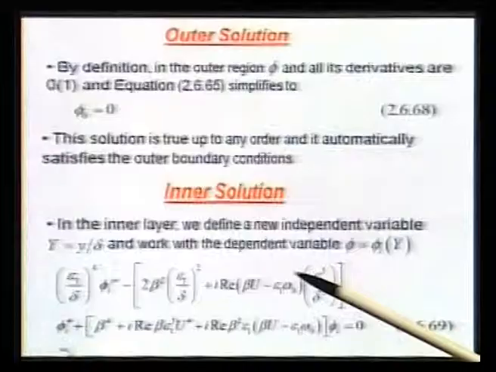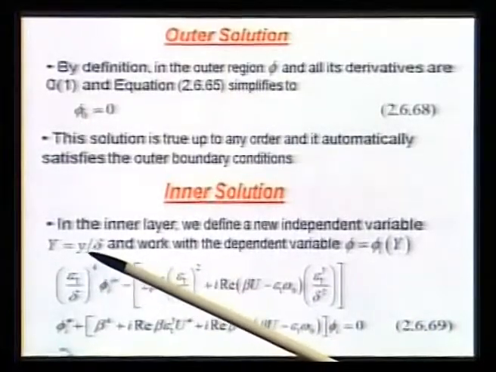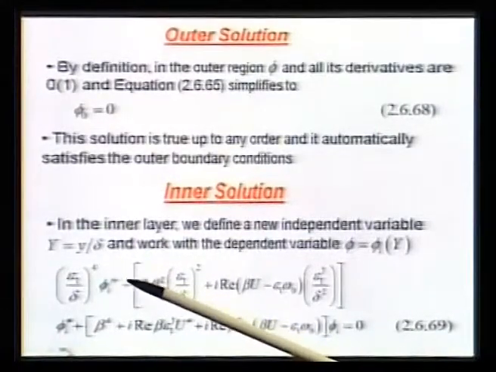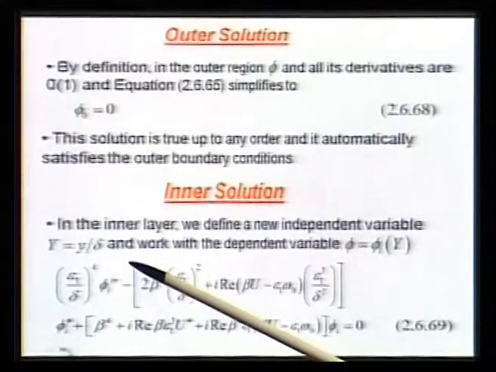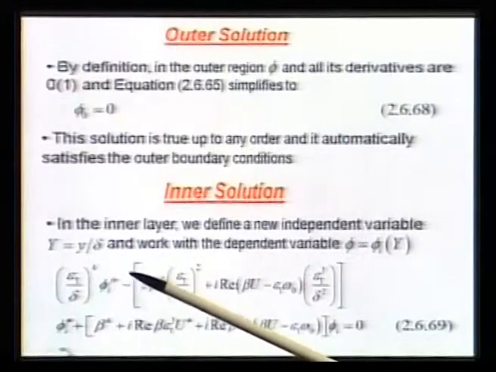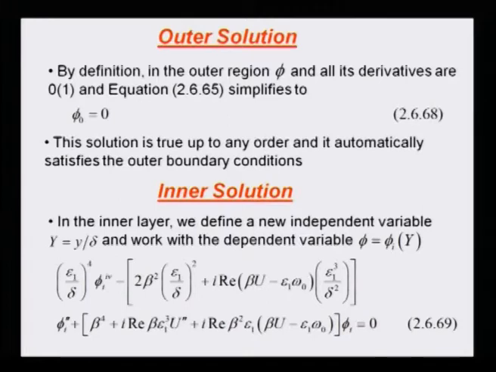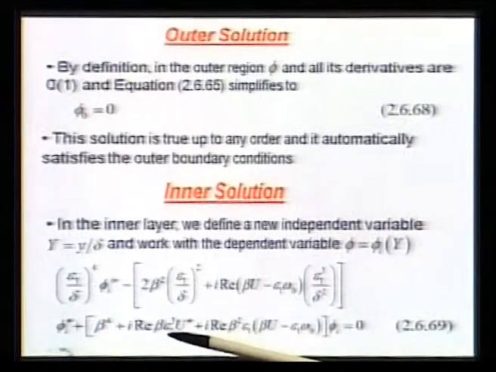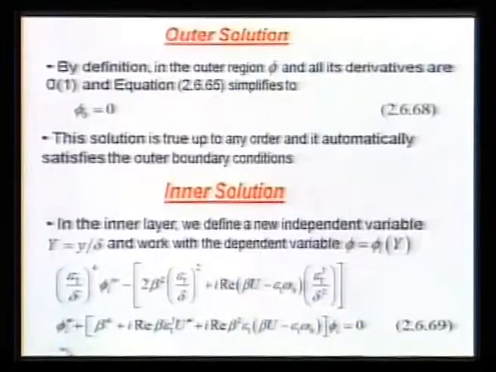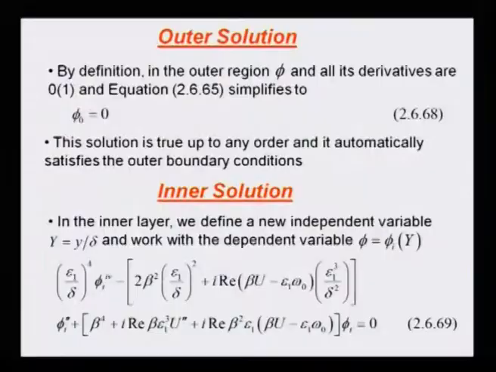Earlier we had a term epsilon 1 raised to the power 4 and the fourth derivative of phi. Now we are writing the same thing, but now the primes refer to derivatives with respect to capital Y. Okay? So, we get this equation. Now, you see that was the way we handled the physical boundary layer. We are coming around the same route. So, what we are seeing here is this equation. We will start from here in the next class.